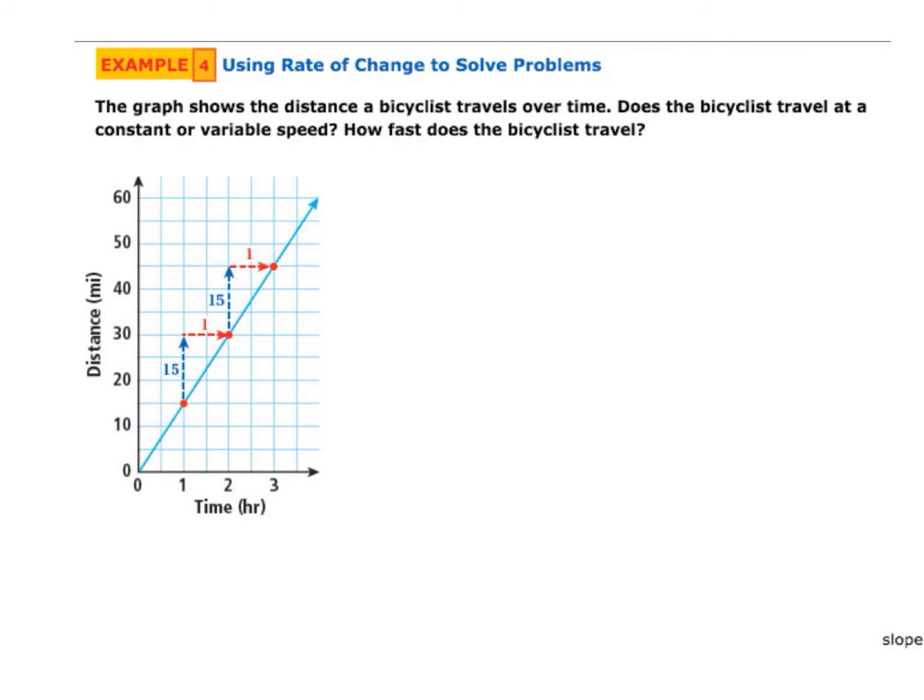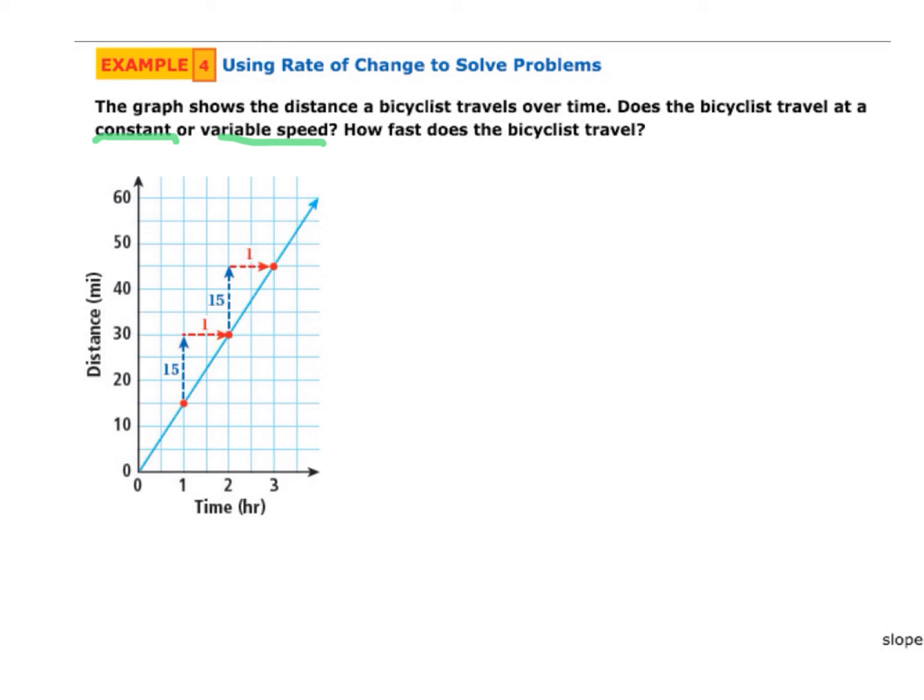So let's take a look at an example. We have a graph of a bicyclist traveling a certain distance, on the y-axis, over time on the x-axis. Does the bicyclist travel at a constant or variable speed? So, does our line change slopes over time? That would be variable.